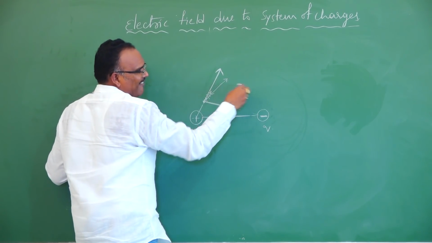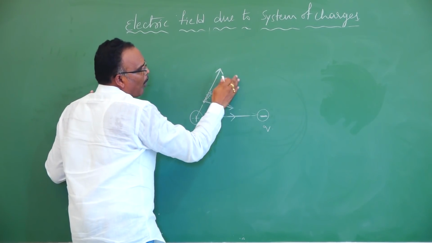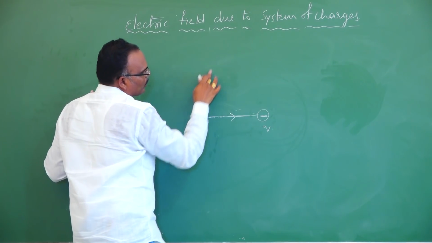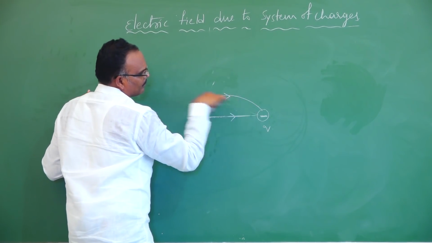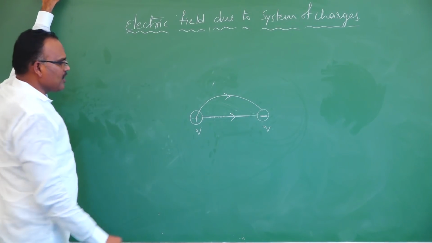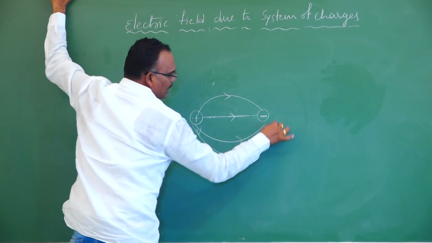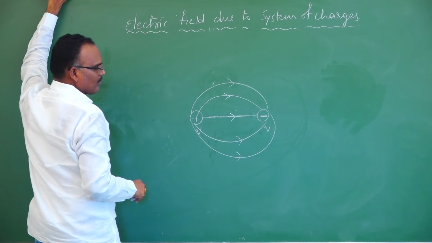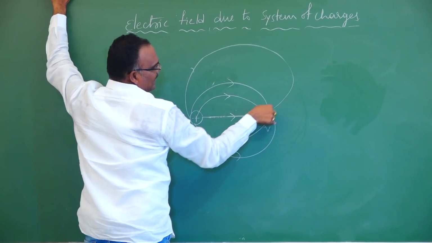If you select each and every point, draw the two vectors and the resultant, and trace all the points, you will get that this positive charge neither goes in this direction nor in this direction, but moves in a curved path. This is the field line in that particular region. Similarly, here you will get one like this. Similarly, here also, it starts on positive charge and ends on negative charge. So this line will travel a large distance and finally ends on the negative charge.